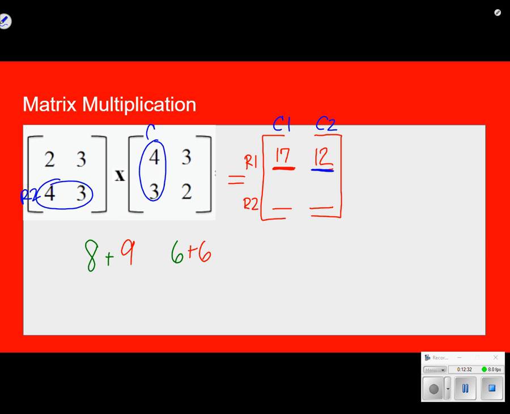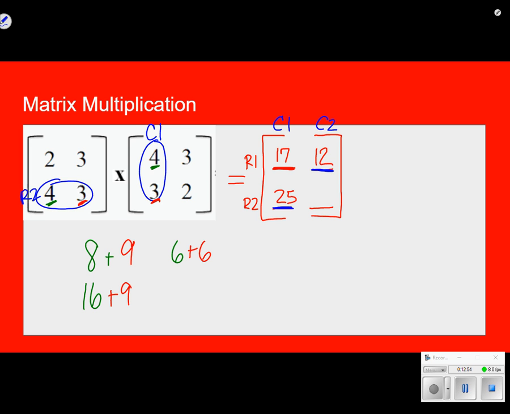Row 2 times column 1, and that's going to go right there in row 2, column 1. So I've got 4 times 4, which is 16, and then 3 times 3, which is 9. 16 plus 9 is 25.